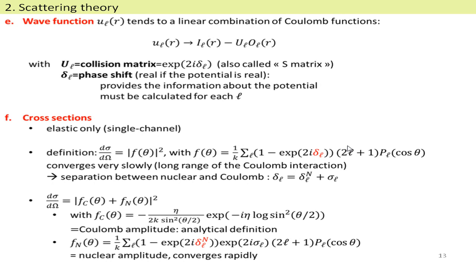So what is done is to split this amplitude into a Coulomb and a nuclear part. So you just add and subtract the Coulomb part. The Coulomb part is known analytically, and the nuclear part is written like this, where you have here only the nuclear part of the phase shift. And this is a function which converges very rapidly.